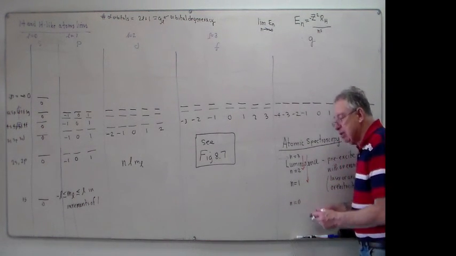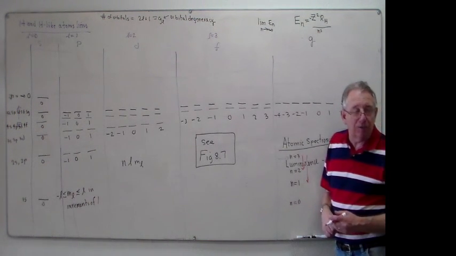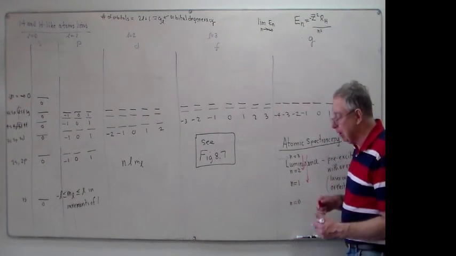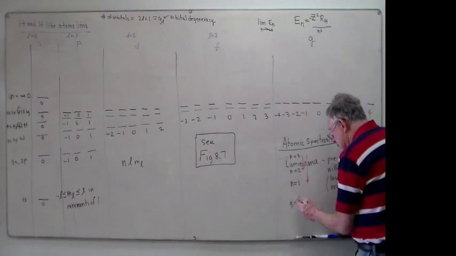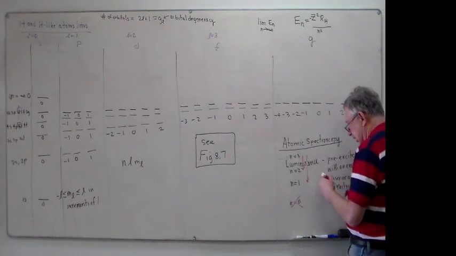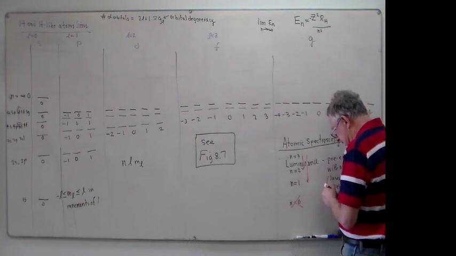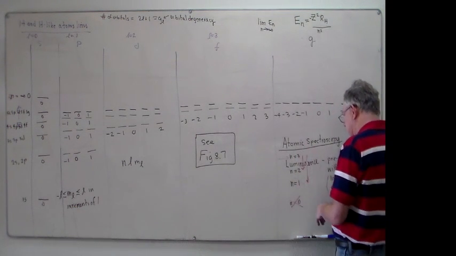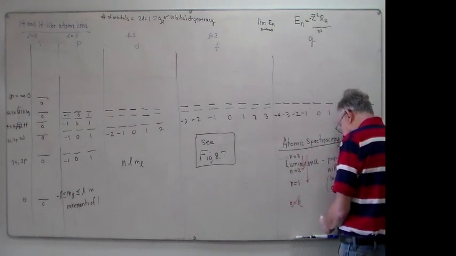For atoms, do we have such a thing as n equals 0? No. The principal quantum numbers start at 1. So 3 to 2 is a possibility. 3 to 1 is a possibility. We can have some other ones as well.